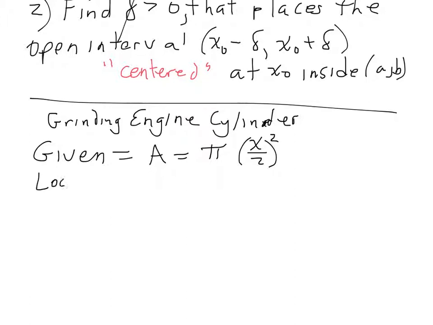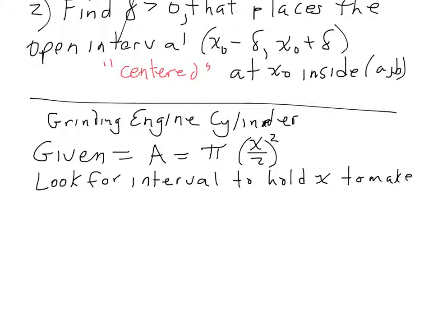And they tell you to look for an interval to hold x to make the area of this cylinder stay within this limit with this small error. It's just another example to go through the actual steps.